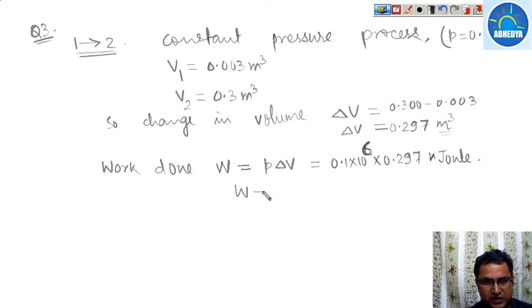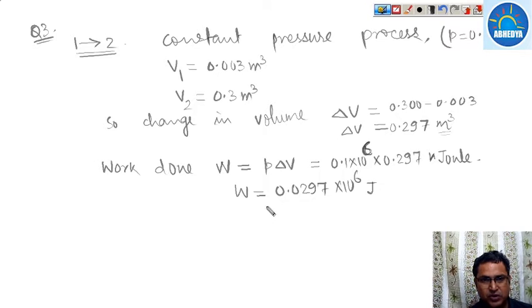So the work done is 0.0297 into 10 raised to the power 6 joule. So this comes out to be 29.7 kilojoule.